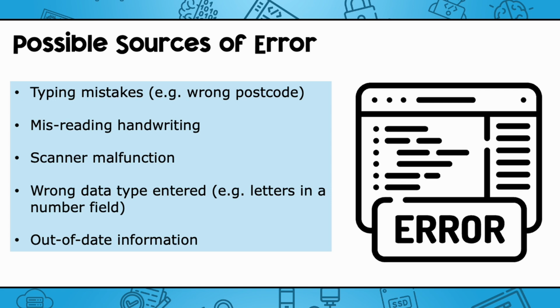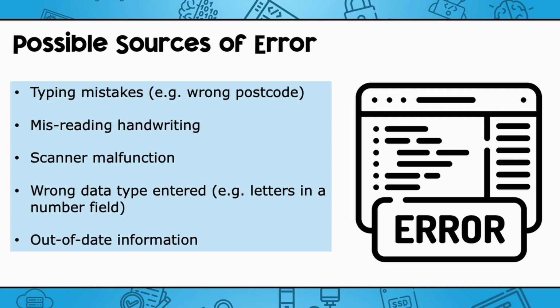If you imagine typing mistakes, somebody has accidentally typed the wrong postcode, so they've missed a letter or a number from the postcode. Someone has misread someone's handwriting. We all don't have really neat handwriting. If somebody has misread a letter or a number on a manually written piece of paper and typed something into the system wrong, we've introduced errors straight away.